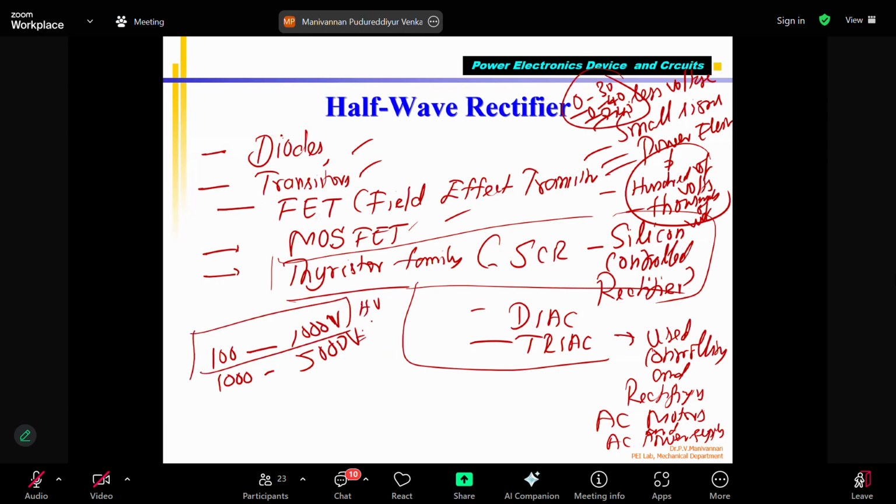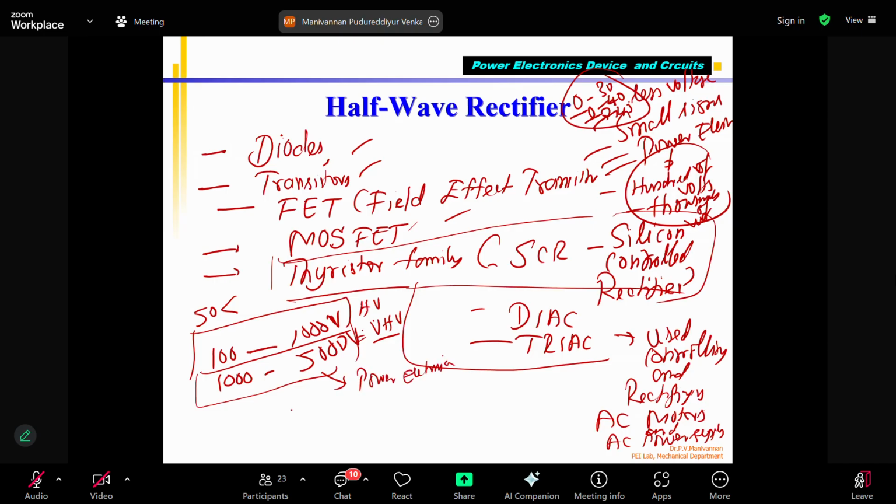Some books call it very high voltage, VHV. So if diodes, transistors, MOSFETs, or thyristors can handle or be supplied with greater than 50 volts, and go up to 500, 600, 800, 1000, 2000, up to 5000 volts, special transistors are there, and they are called power electronic devices.